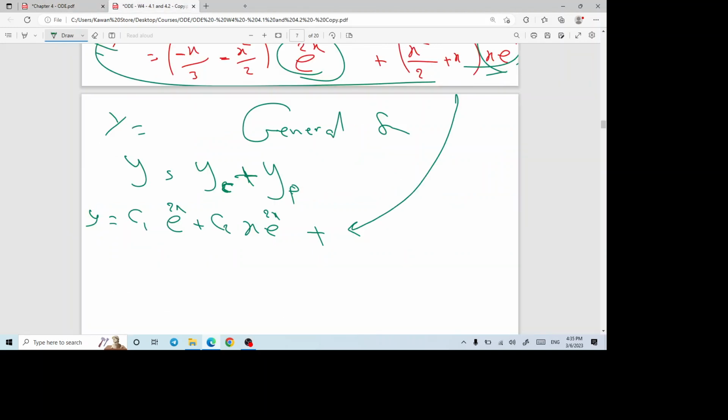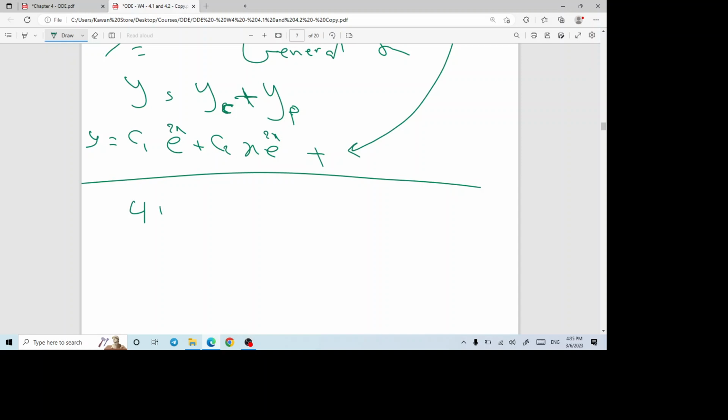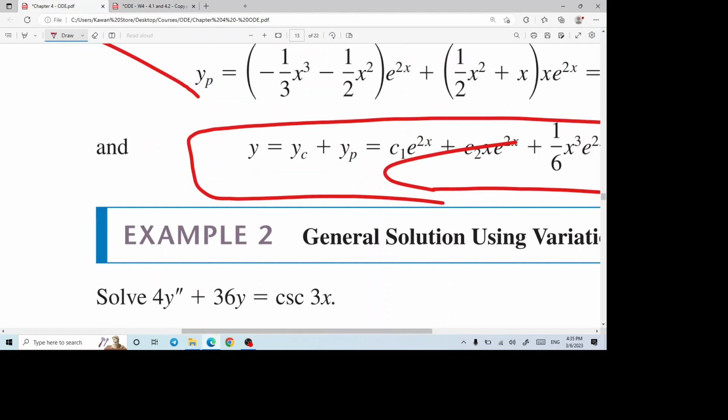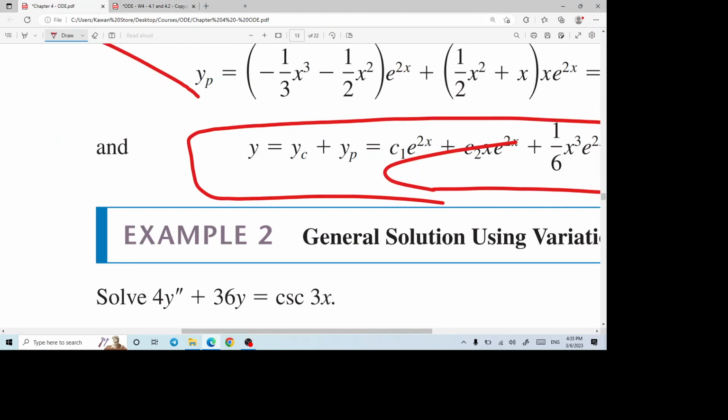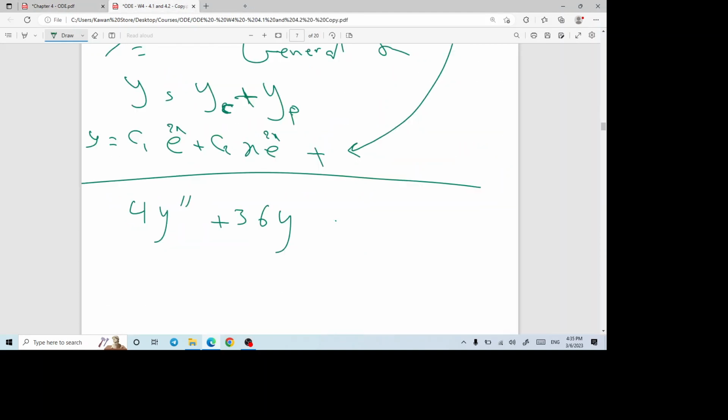We have 4y double prime plus 36y equal to cosecant 3x. Yalla, how do we solve it?